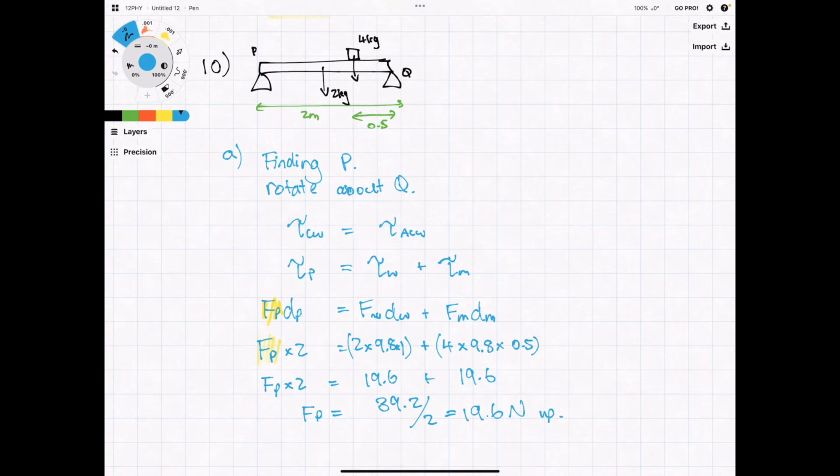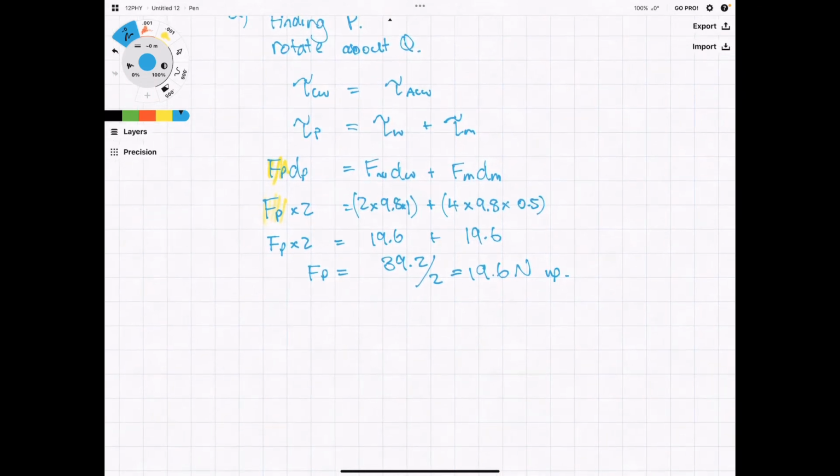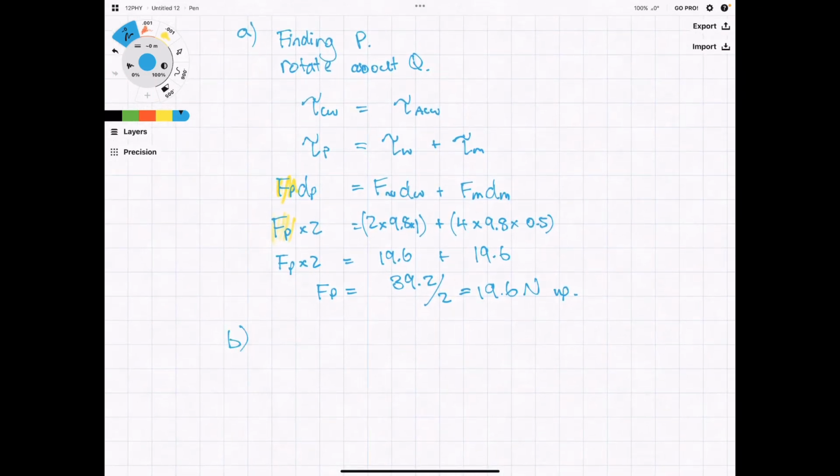Okay, so what we've done is we've found the support force of P, FP, and what we'll do now is find FQ, and we will compare. All right, nice, as quick as we can. Finding Q, FQ, we rotate around P. We make P our pivot.